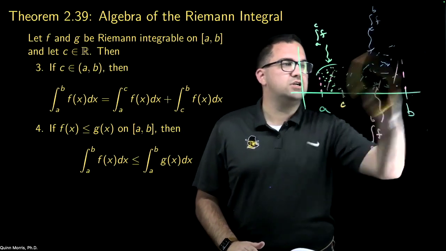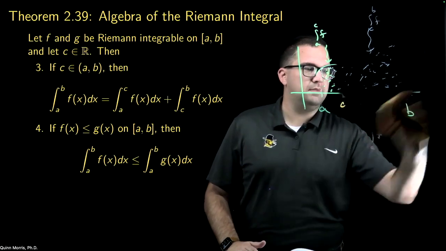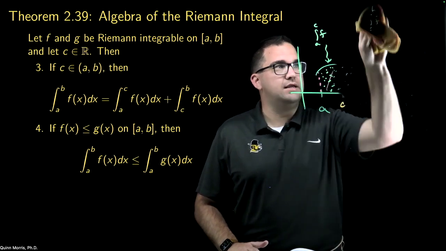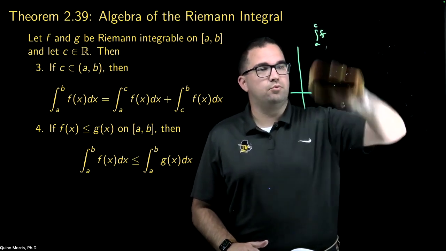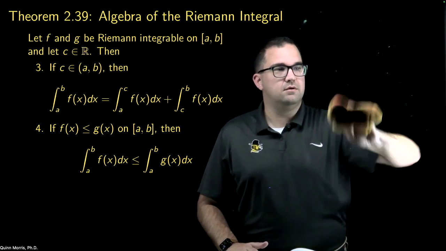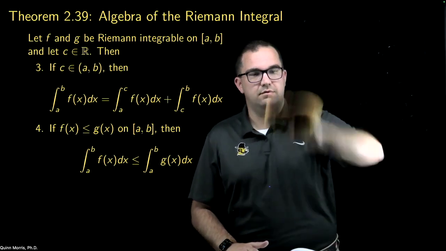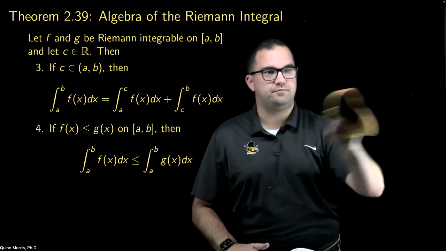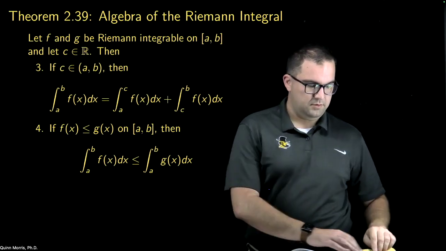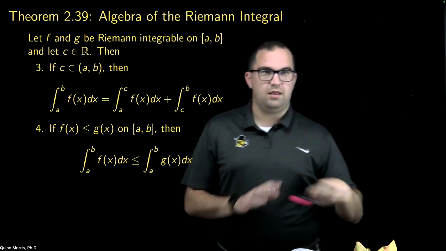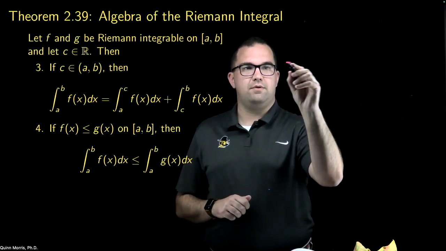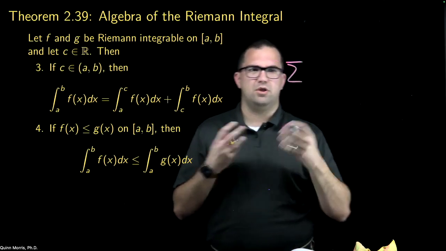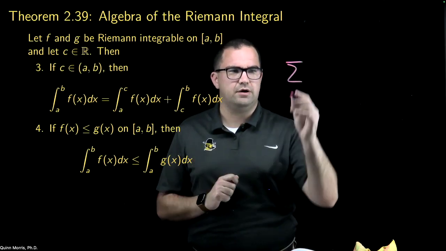So if I were to take, for example, the last property here, I'm not going to actually prove that one. If I was just dealing with a sum, the way a lot of these proofs work is you think about, if I took some sort of sum, either a Riemann sum or an upper sum or a lower sum, whatever kind of sum I took.